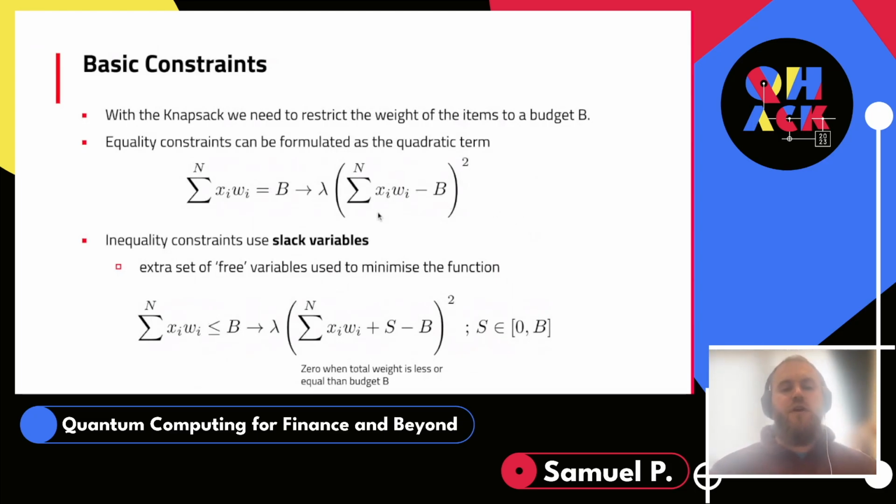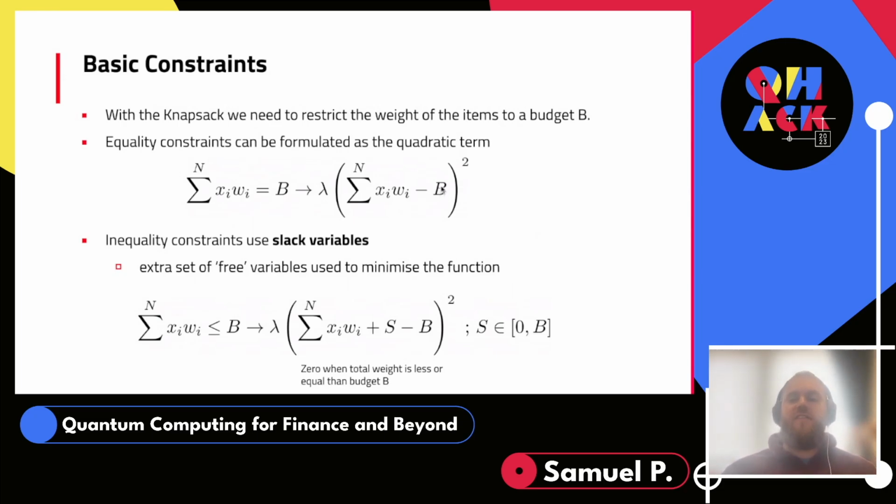So we can start off with the idea of an equality constraint. And it's actually very simple to include an equality constraint, because we can form this naturally into a quadratic term. So if we have our weights, we can sum over all of our weights multiplied by their binary variables, so whether the object was included or not, and then we can minimize this quadratic term here, where b is our total budget.